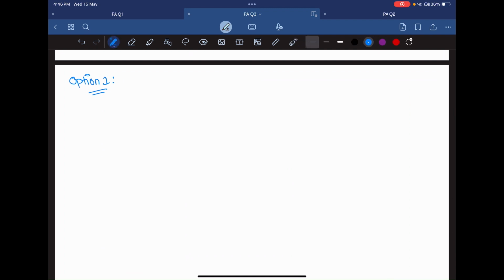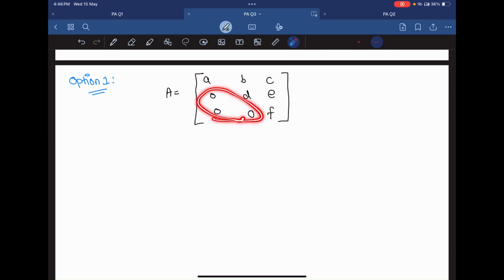So, let's say we have any upper triangular matrix A of order 3 cross 3. Any upper triangular matrix of order 3 would be in this form, where all the entries below the main diagonal would be 0.